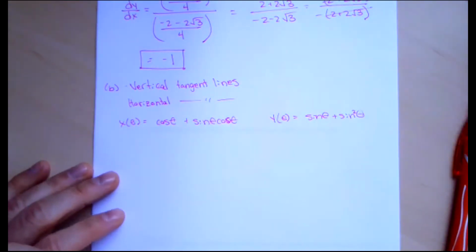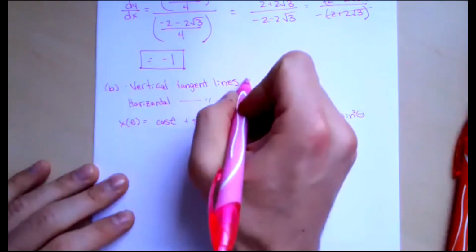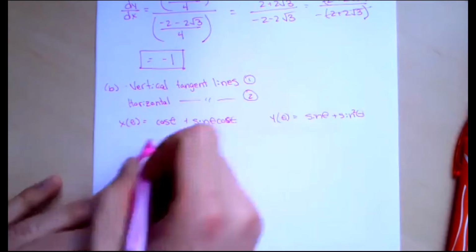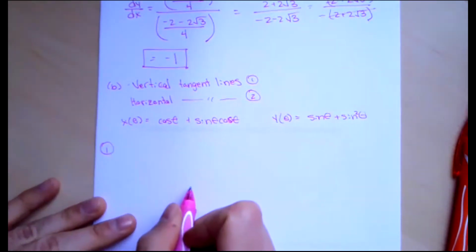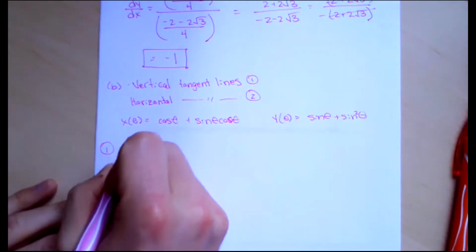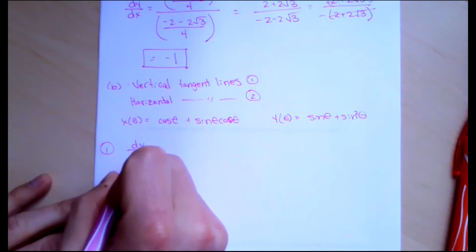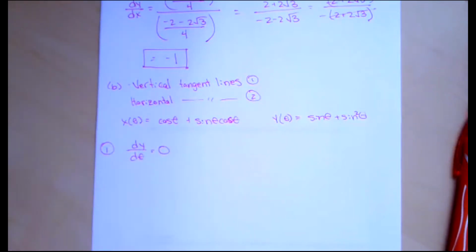Well, when do we have vertical tangent lines? Again, just as with our parameterization case, if we were parameterized by t, it's when dx d theta is 0.